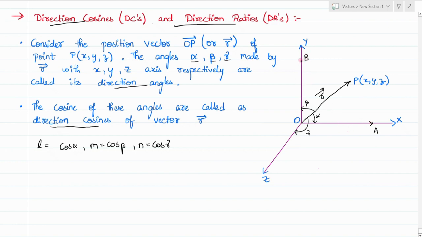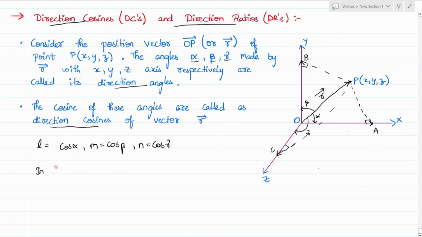B be a point on the y-axis and OB be its vector, and C be a point on the z-axis and OC be the vector of point C. Now, this point P is such that it makes a right angle triangle with point A, similarly a right angle triangle with point B, and a right angle triangle with point C. It's actually a straight line, but just understand, okay?